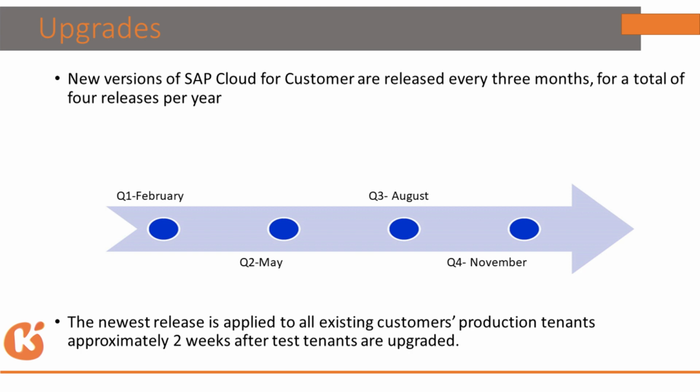And if the month going on is September, that means the last upgrade might have happened in the month of August. So the version would be 2308. If it happens in the month of February, then it will be 2302, followed by May 2305, followed by November 2311. This is how the versioning happens for a cloud application.